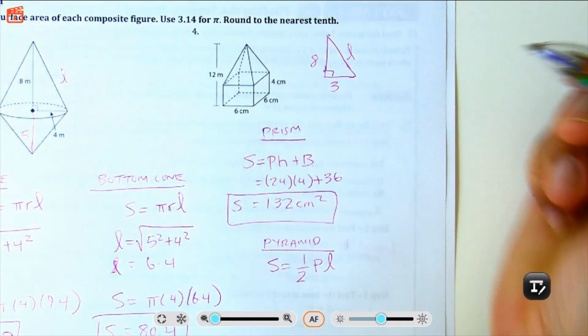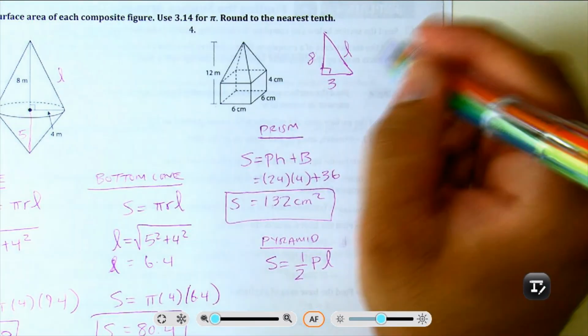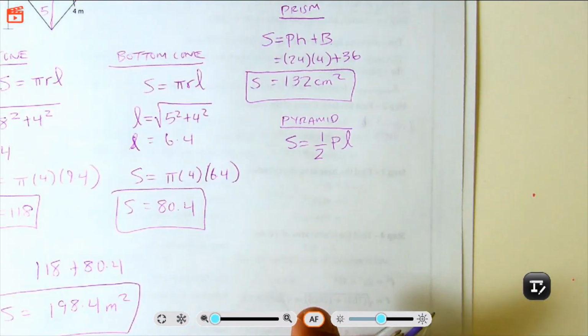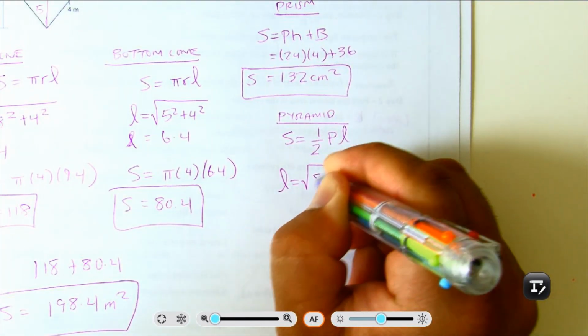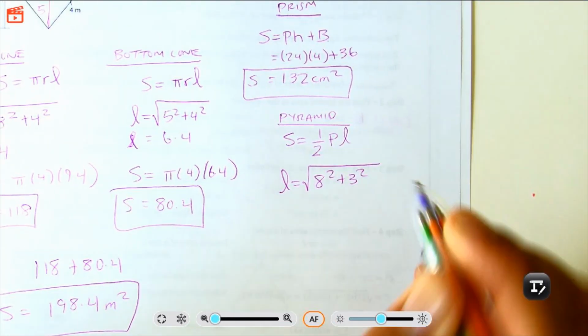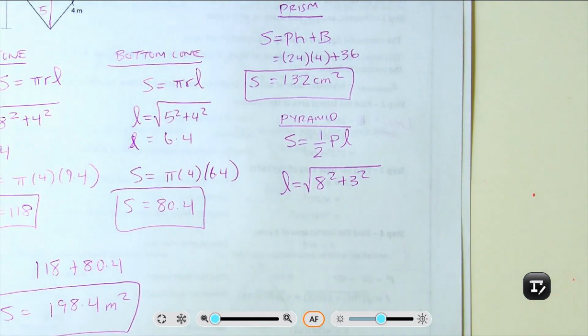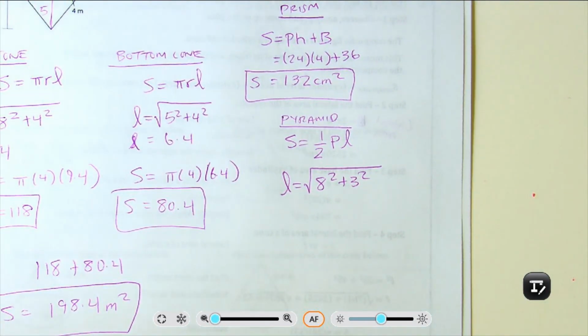So the slant height is equal to the square root of 8 squared plus 3 squared. And that gives me 8.5.